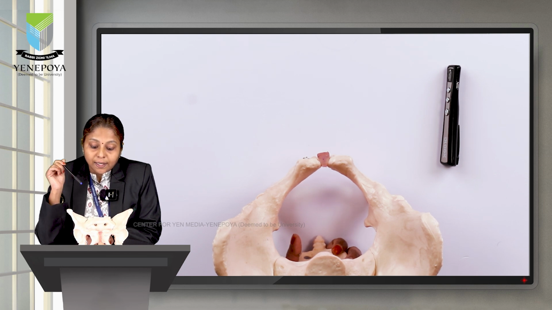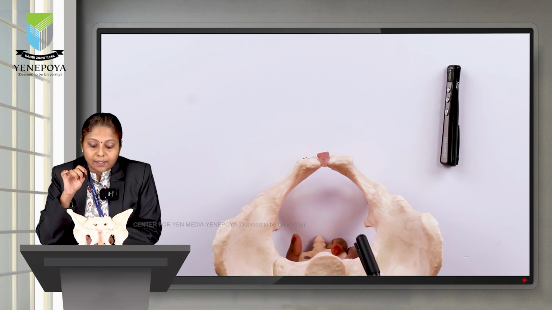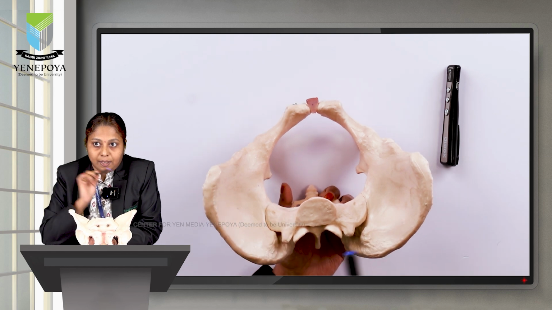Coming to the diameters of the pelvic brim. The diameters of the pelvic brim are classified as the anteroposterior diameter, the oblique diameter and the transverse diameter.